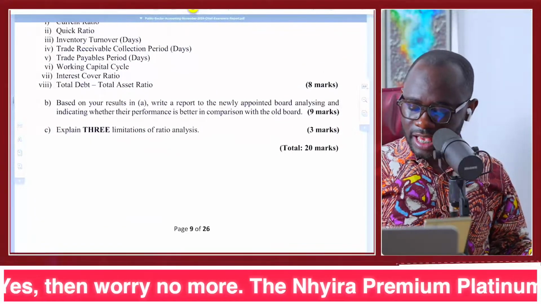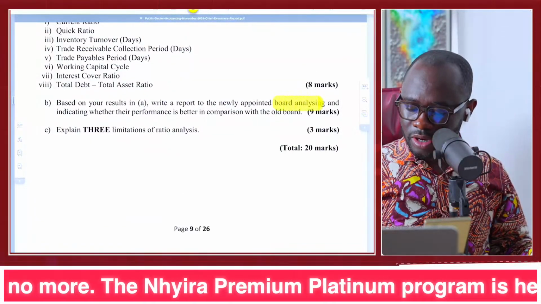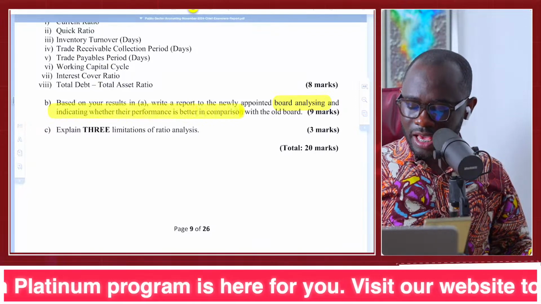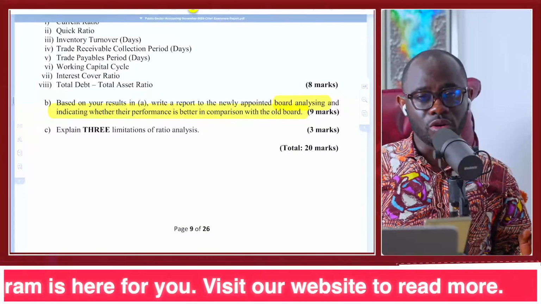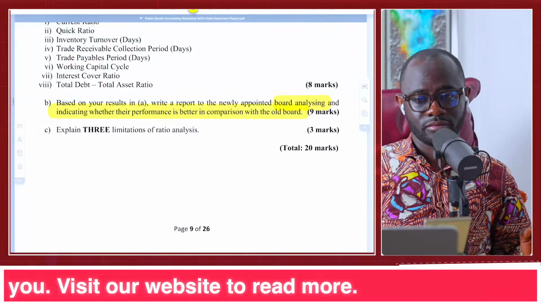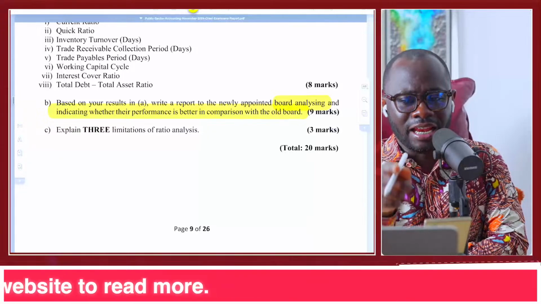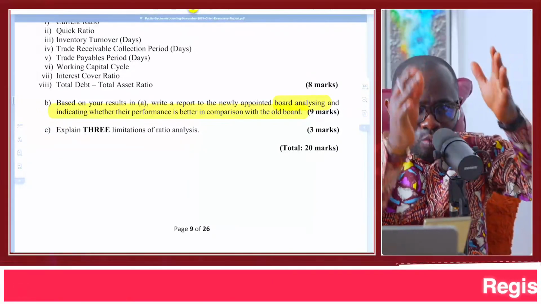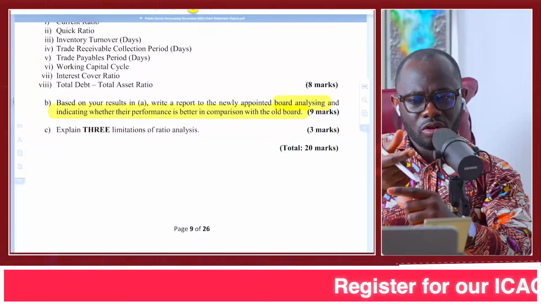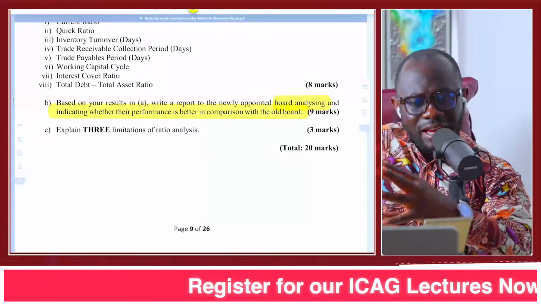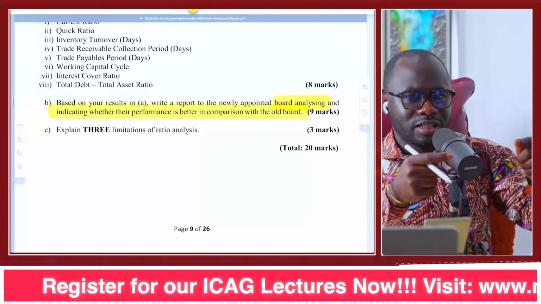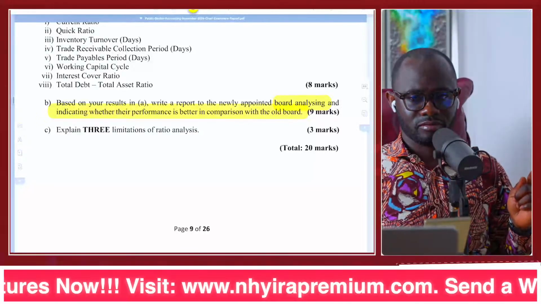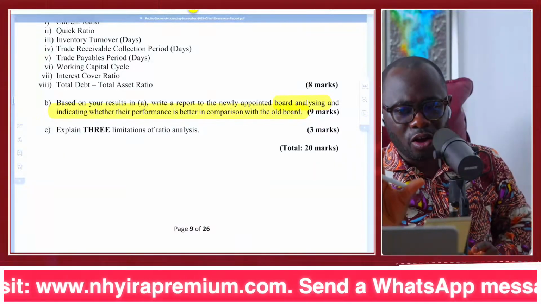Then he says, write a report to the board analyzing and indicating whether their performance is better in comparison with the old board. So in an analysis like this, you got to be careful. You are analyzing what is happening, but you got to include in your analysis how this board is better than the old board or otherwise, because that is the context of the question.